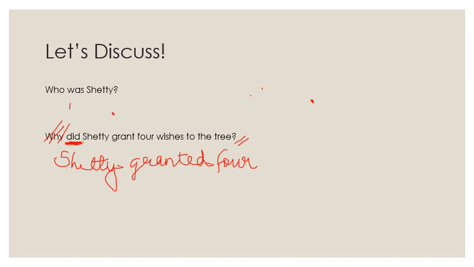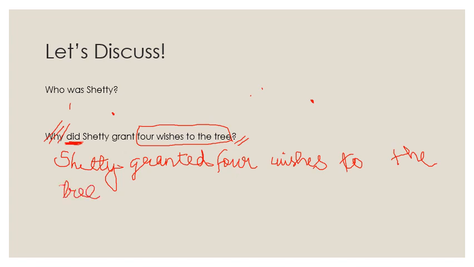Now to form the sentence, we have to take up the rest of the part of the question, that is 4 wishes to the tree. Now, to form this sentence, we have to have a link word.